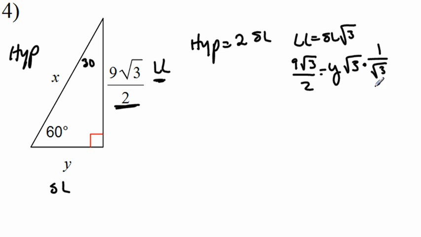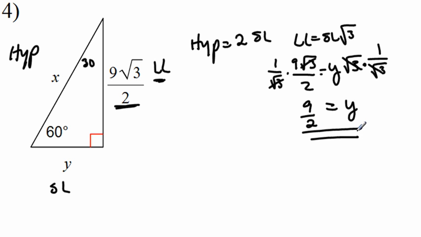But we also have to remember, if you multiply by 1 over root 3 here, we multiply by 1 over root 3 on the other side. It also cancels out, so we get y equals 9 divided by 2. And this is our short leg.